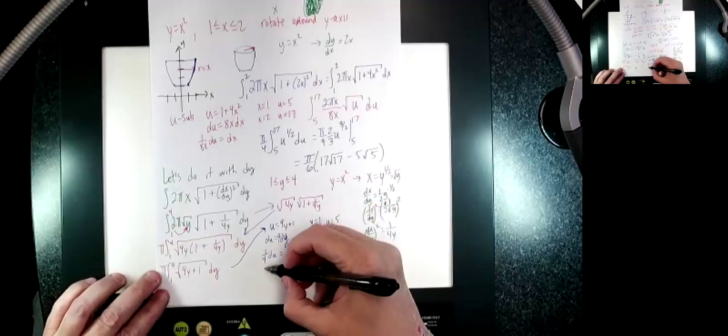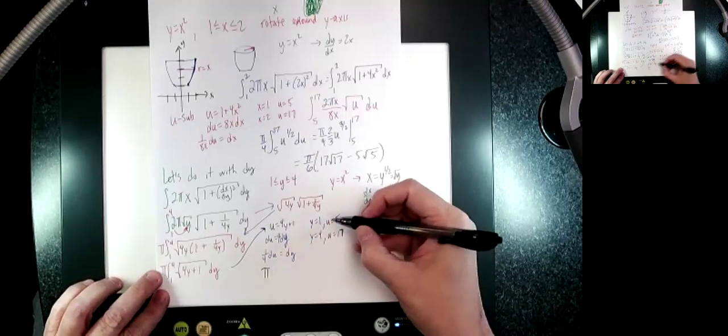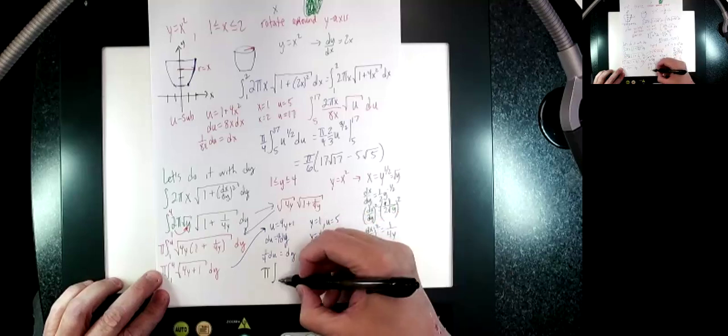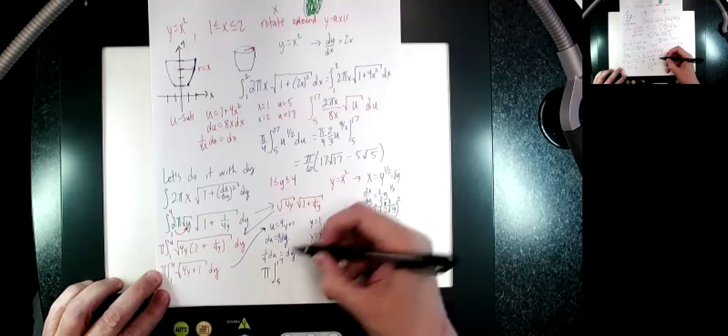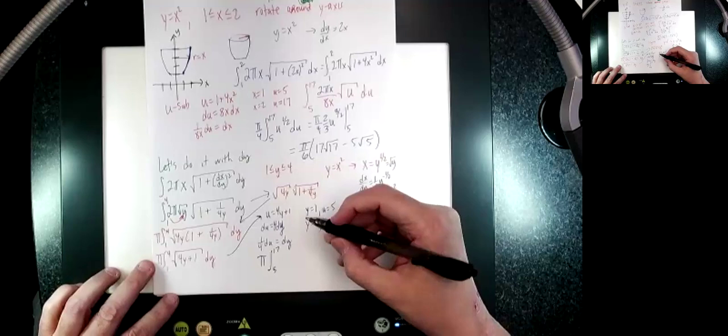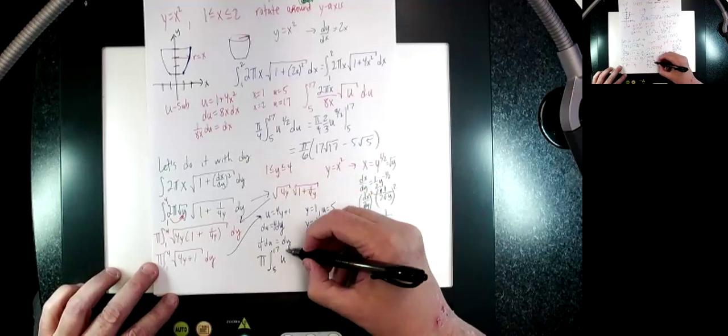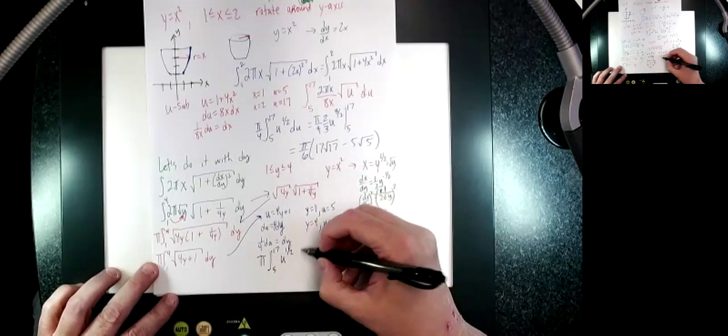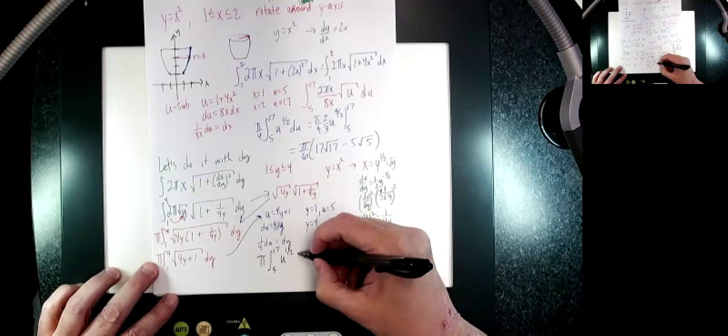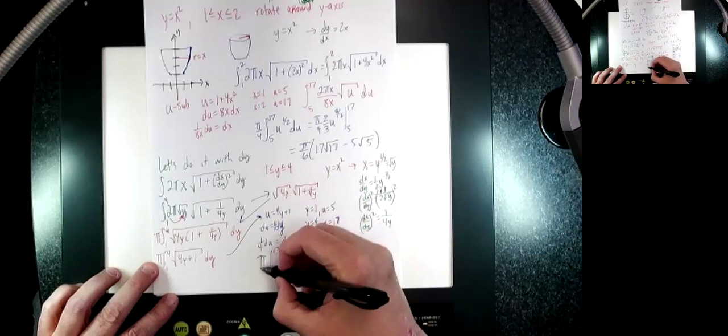And this becomes the integral of pi, 5 to 17, u to the 1/2, and then we have 1/4 du. I'm going to put the 1/4 out here as pi over 4. 1/4 is coming out.